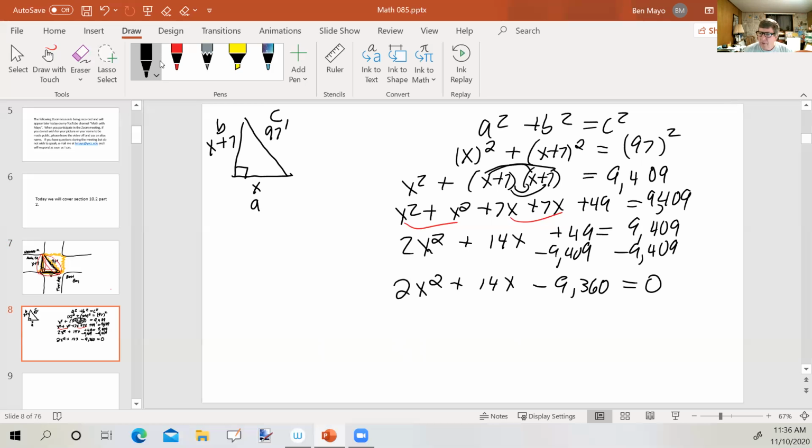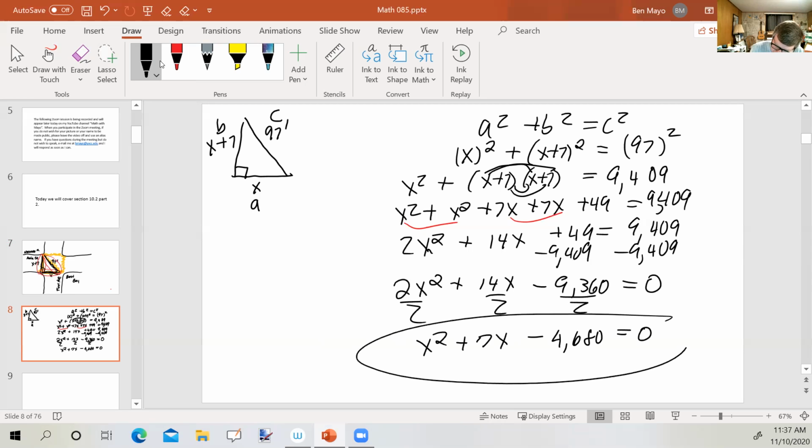Now, all of my coefficients are even, so I could reduce this down. So I'll go ahead and divide everybody by 2. X squared plus 7x minus 4,680 equals 0. And now I'm going to take this equation and solve it using the quadratic formula.